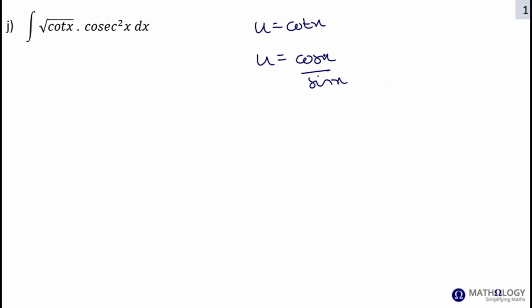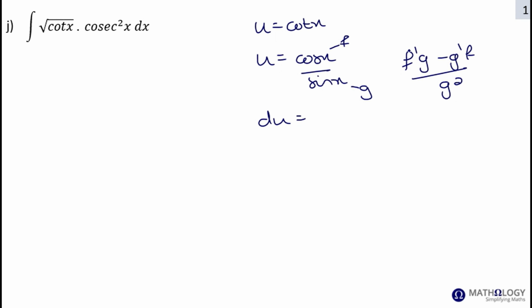Now we're going to use the quotient rule to get the derivative. We're looking for du, so we're differentiating this function. Cos we're going to call f, and sine x we're going to call g. So the derivative of this function will be f prime g minus g prime f over g squared.